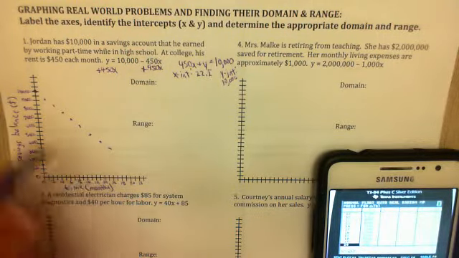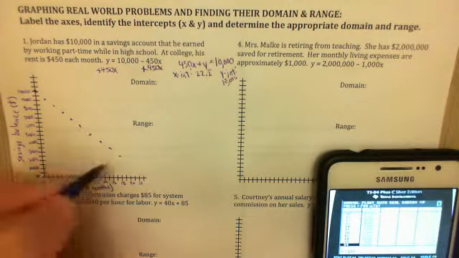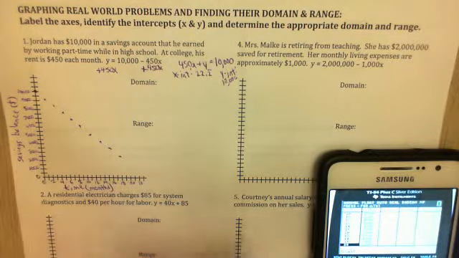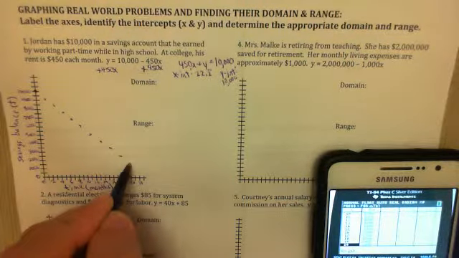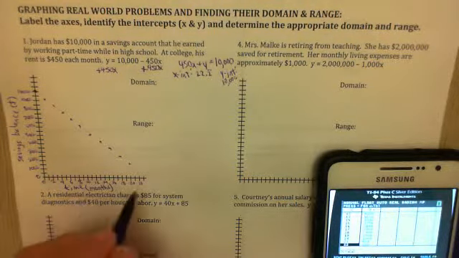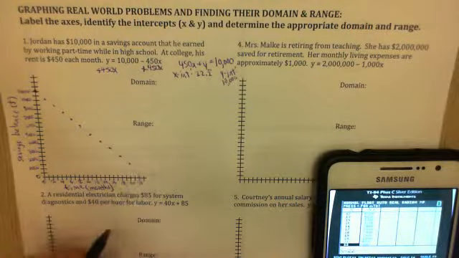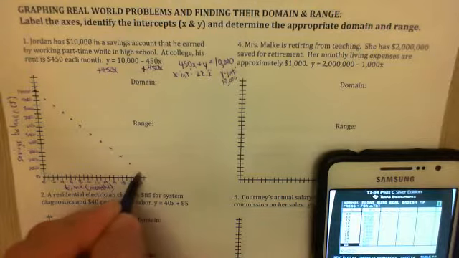And 18 is at 1,900. 20 is at 1,000. And then 22 was at 100. Mine's getting slightly off.